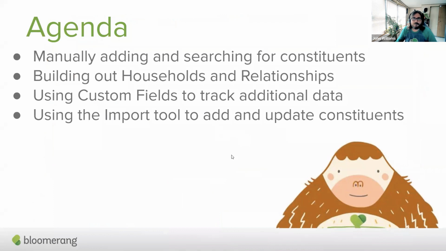And we're also going to talk about some of the more, I don't really want to say advanced, but a little bit above that beginner level with constituents, as far as using custom fields to track additional data that you might need, and also using the import tool to not just add new constituents, but also to update existing constituents, which in my mind is one of the more powerful uses of the import tool. So we will wrap up today with that, and hopefully it sparks some inspiration in what you can do with the import tool.